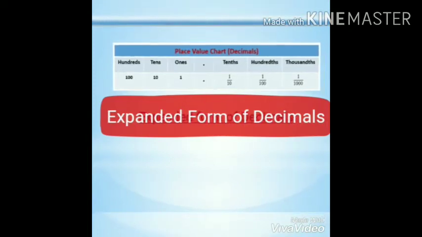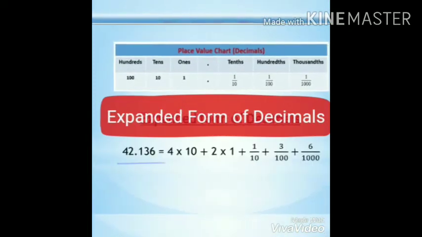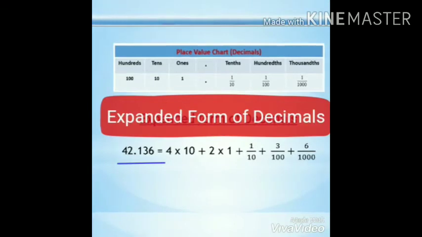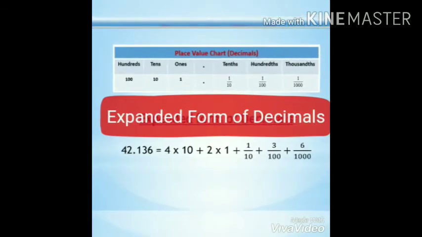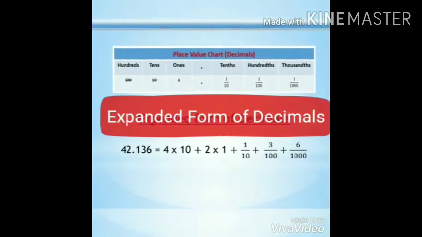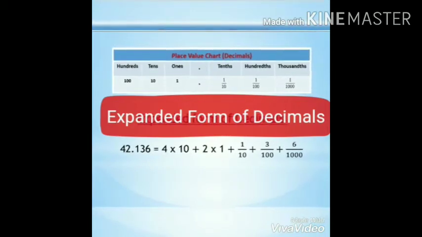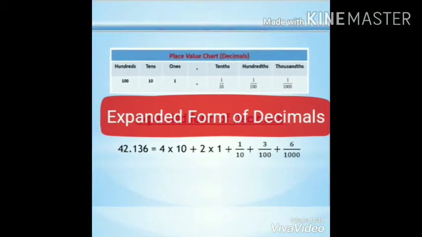So now let's study how to write a number in its expanded form. So here we have a number 42.136. So here 42 is a whole part, that means 2 is ones place number and 4 is tens place number.